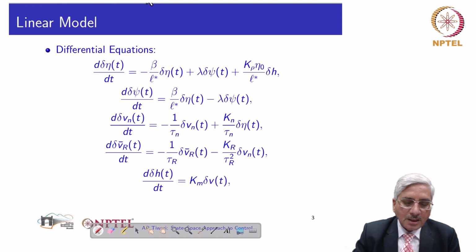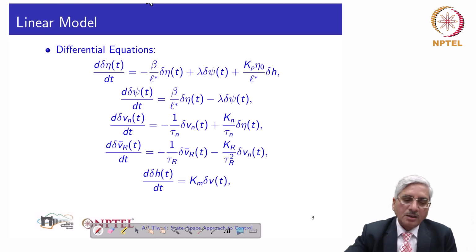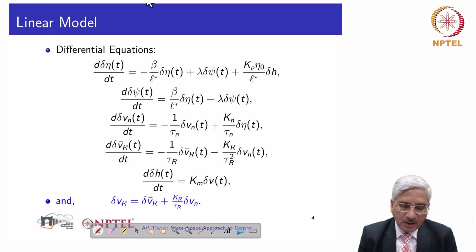So at the starting, we should have the system model. So these are the set of linearized differential equations for the nuclear reactor. They are 5 in number, system order is 5. And of course, there is one algebraic equation given by this, which is used to express the rate voltage in terms of this state variable delta V R bar.